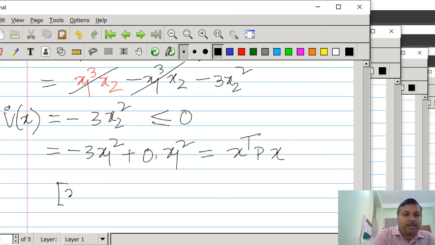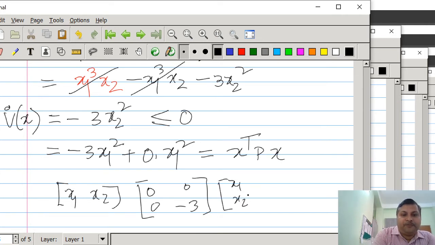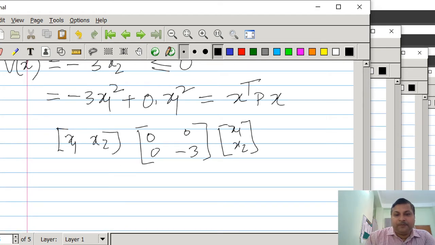We can write x1 x2, then the matrix 0 0; 0 minus 3, then x1 x2. If we are able to find all the eigenvalues of this P matrix, then from there we can comment about the definiteness of this quadratic function.